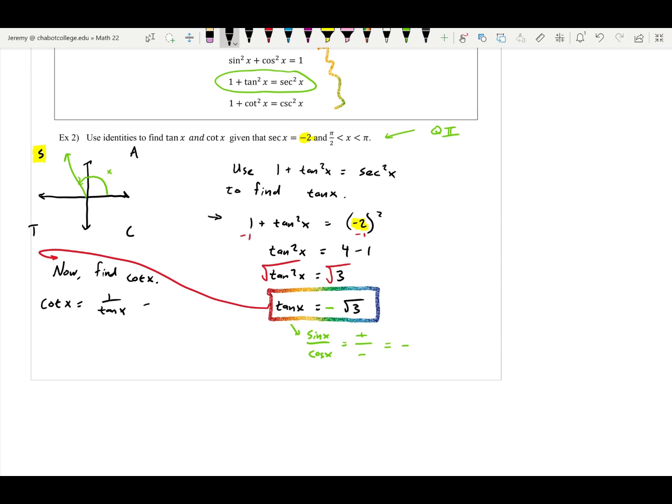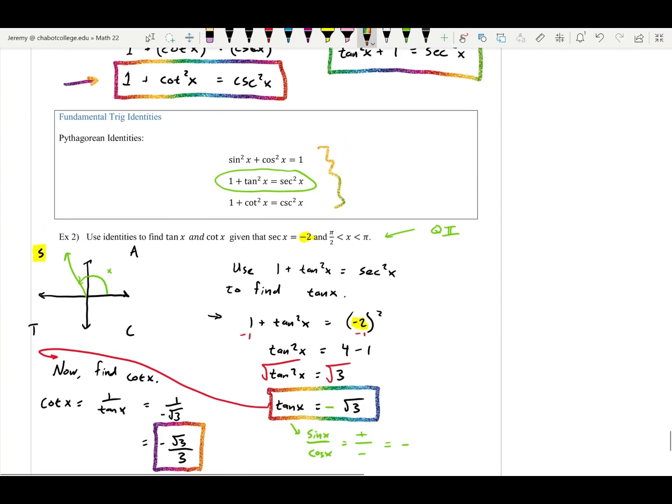So cotangent of x will be 1 over negative root 3, or rationalizing it is going to be negative root 3 over 3. Rationalizing that denominator, that is. And there it is. No need to use another Pythagorean identity.